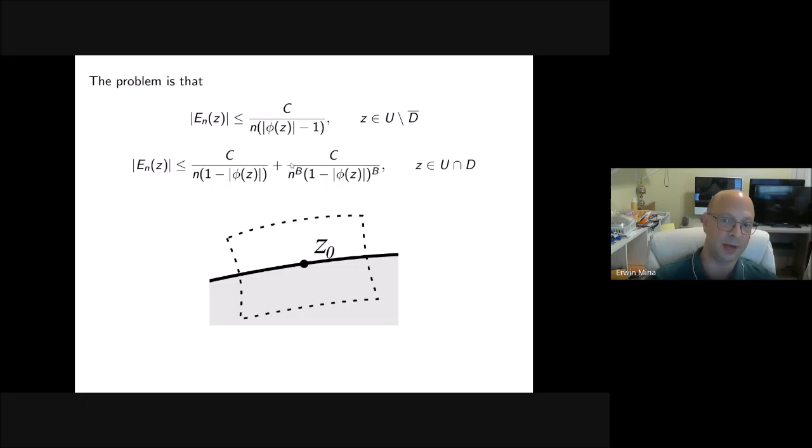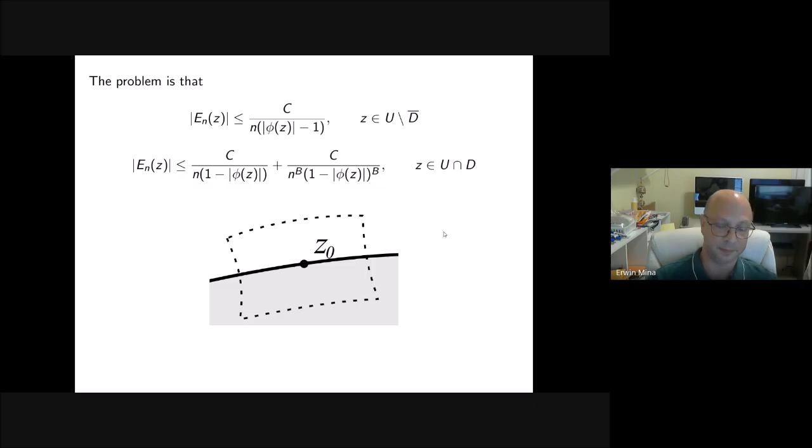And so you cannot evaluate these quantities at a point on the boundary because it degenerates completely. So it becomes 0 in the bottom. So these error estimates go to 0 like 1 over n as long as you are away from the boundary. If you approach the boundary, as I said, this absolute value of phi of Z minus 1 will go to 0, and so it's going to blow up.